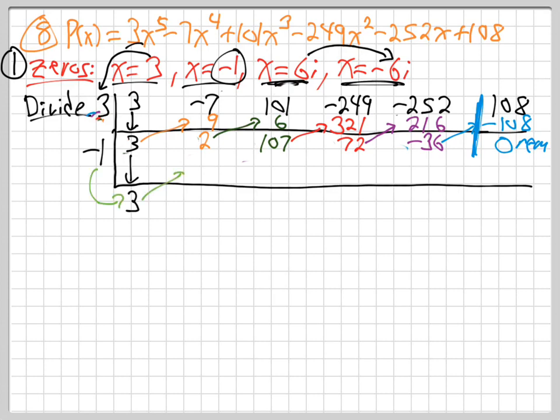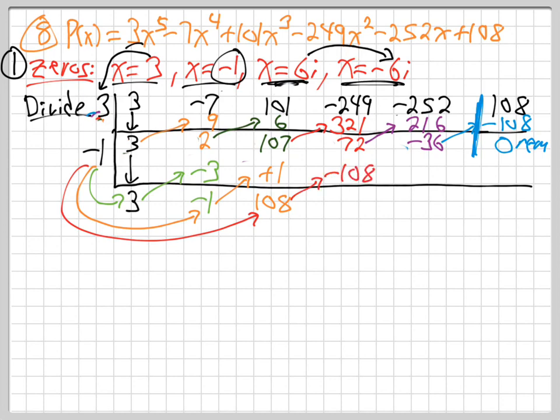-1 times 3 is -3. Add them up, -1. And then -1 times -1 is +1. Add them up, 108. And -1 times 108 is -108. Add them up on your calculator, -36.